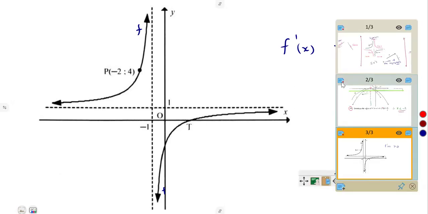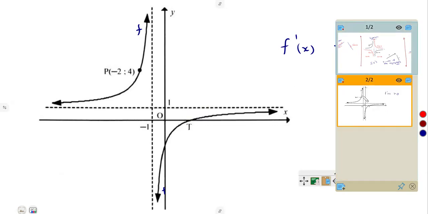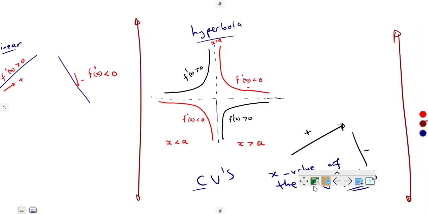Let us go back to our hyperbola, the same hyperbola that we had before. I want us to get to these notes. Remember this hyperbola I was explaining. What is important are the critical values, which are the x values of the asymptotes.